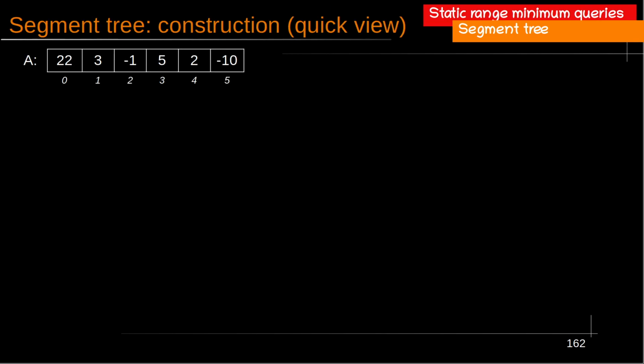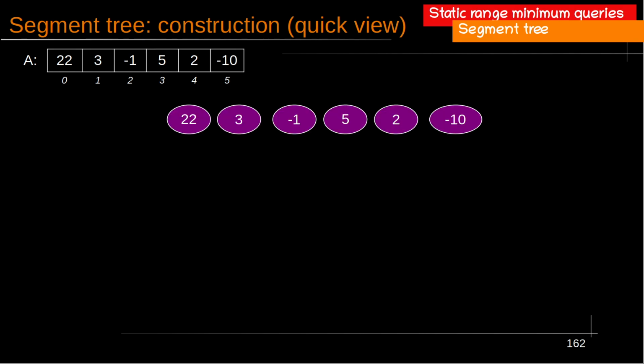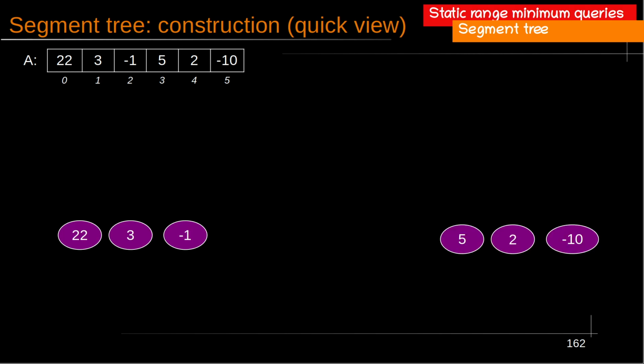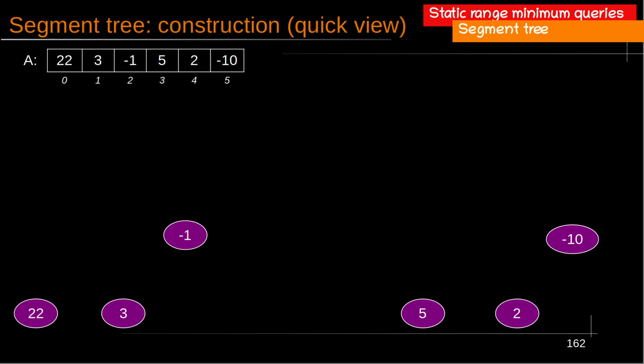Let's take this example to see how to build the segment tree. If I have this original array A of size 6, containing 6 integers, first we're going to divide the original array into parts, the left side and the right side, and we keep dividing until we reach just one element of the original array.